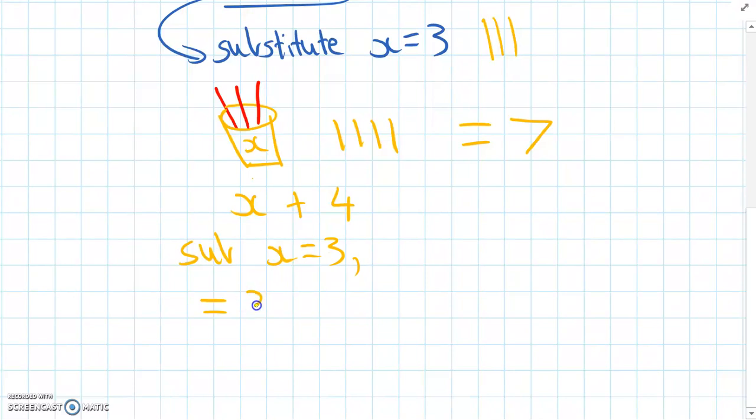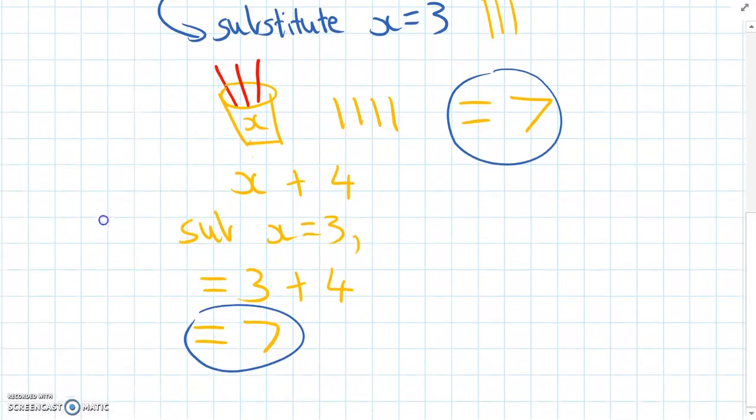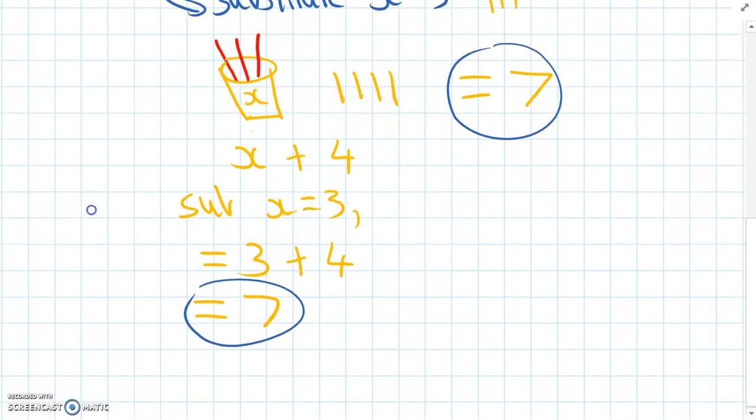So the x becomes 3, and then we're adding the 4 that we had originally. And 3 plus 4 is 7. So we can use the cups and the straws model and the number sentence model to help us see 2 different versions of algebra. The cups and the straws are helping us to visualize algebra.